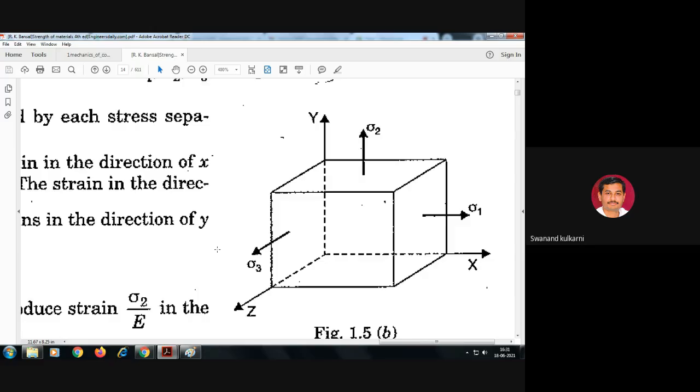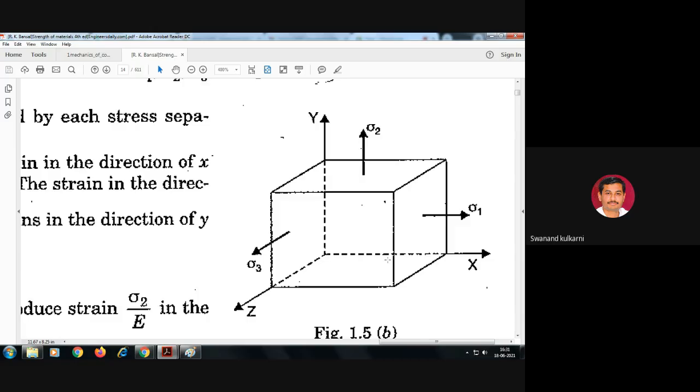But for biaxial that is definitely going to be taken into consideration, and for triaxial also we will have to take it into consideration. So the effect of the forces P2 and P3 in the direction of P1 or X1 is definitely going to have an effect in terms of the elongation or deformation of the body.